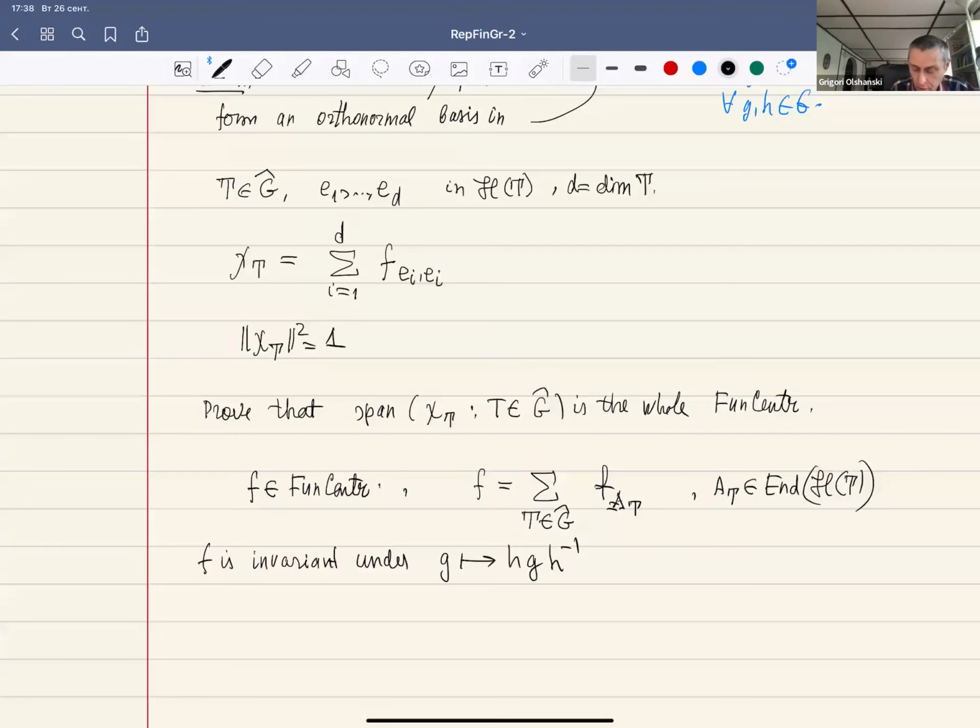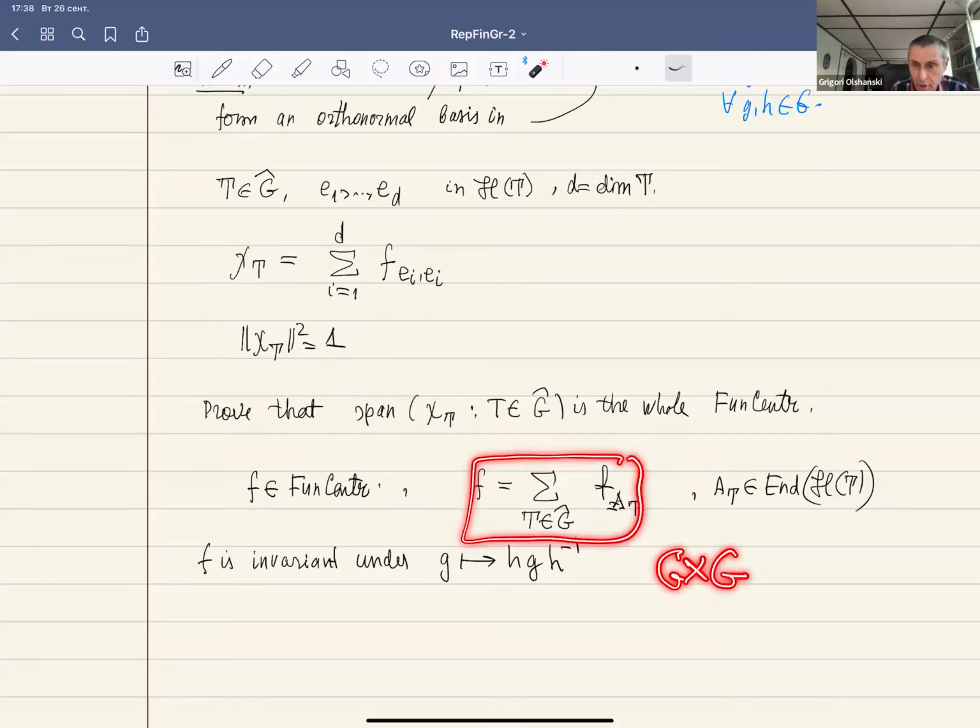But now the correspondence between F and this representation on the right-hand side is equivariant with respect to the action of G cross G, because I wrote it in the other direction in this one, okay? This is an intertwining operator. So moreover, it is equivariant with respect to this action, the conjugation action.